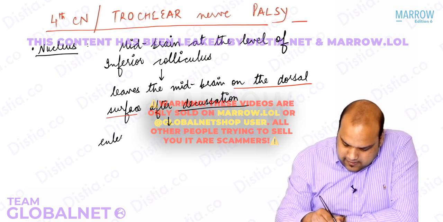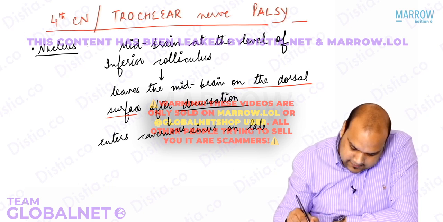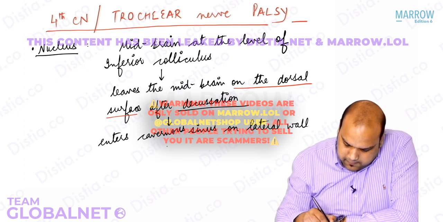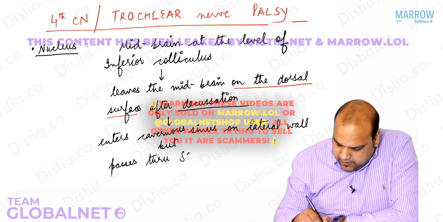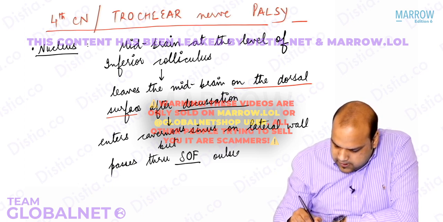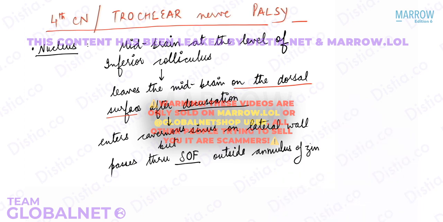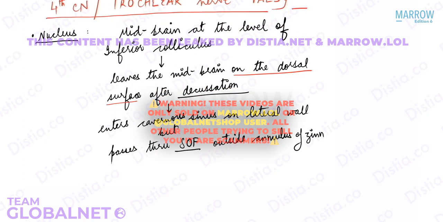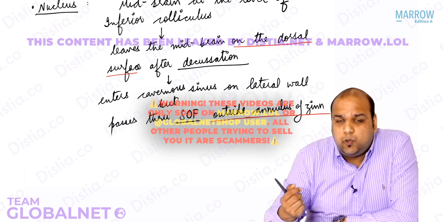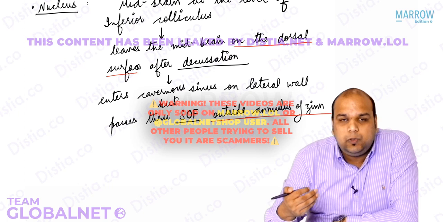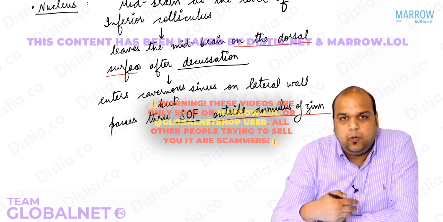Then it enters the cavernous sinus on the lateral wall, just like the third nerve, but passes through the superior orbital fissure outside the annulus of Zinn. So again, basic anatomical points, everybody, in the course of the fourth nerve. It passes on the dorsal surface, shows internal decussation, and does not pass through the annulus of Zinn. Just remember these basic points, everybody, about the course.